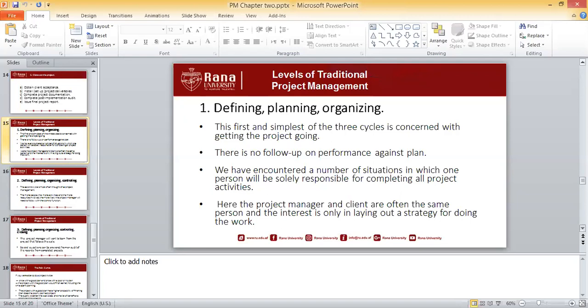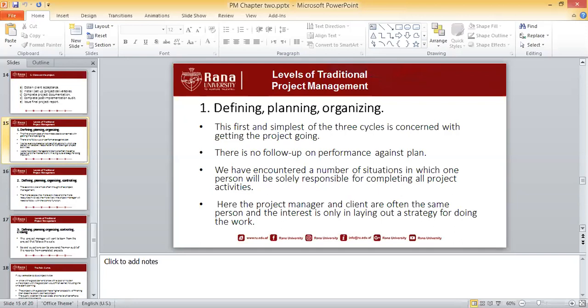So I hope this is clear, inshallah. Here the project manager wants to implement a simple strategy. He follows a simple strategy that he wants the project to be started and to be ended. So for this reason, he is going to develop a simple strategy for carrying out the project activities.